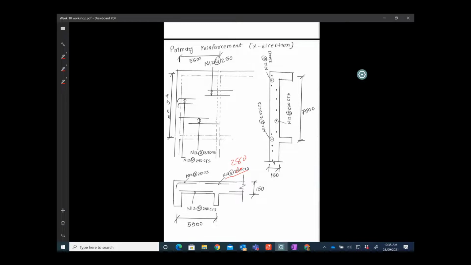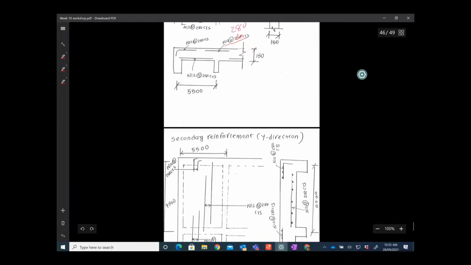So yes, in the secondary directions, if you are looking from these sides, this would be 200, and that also satisfies this value. So it's just detailing that you can provide these bars and these secondary bars. So I hope that makes sense.